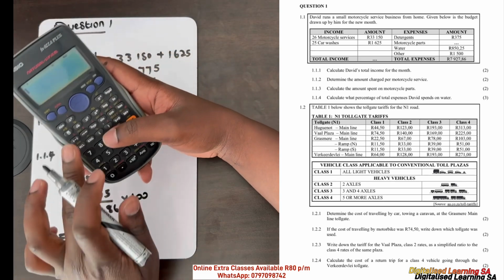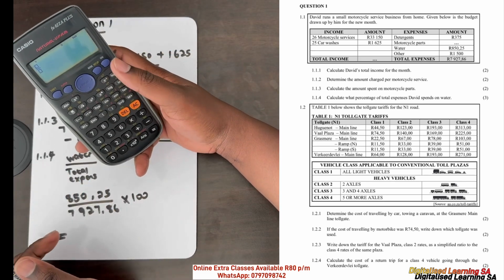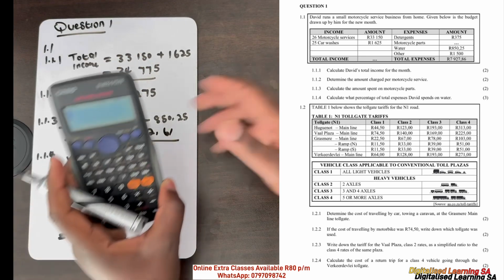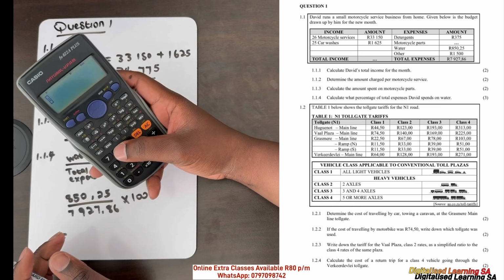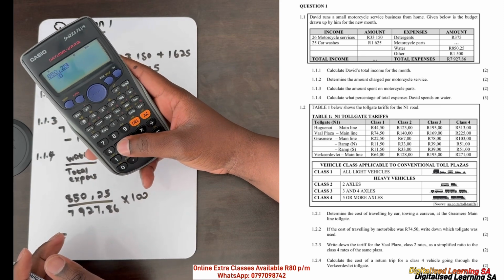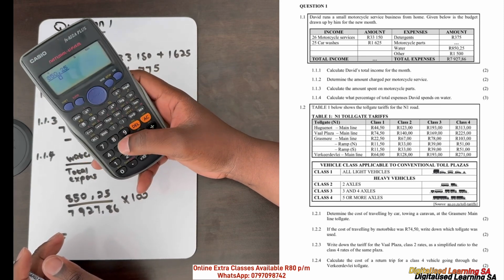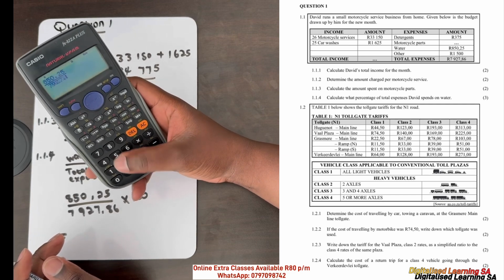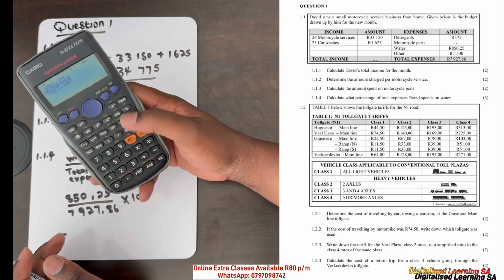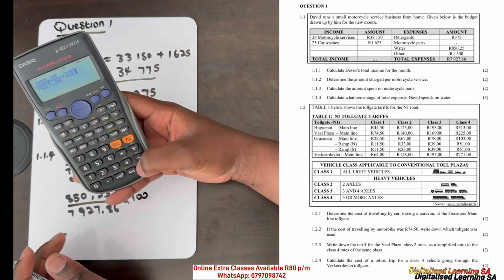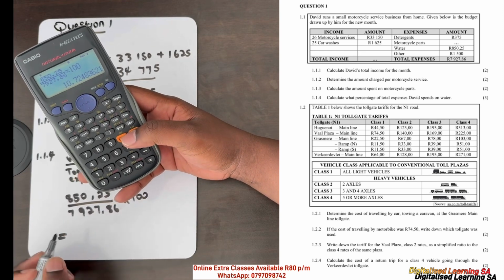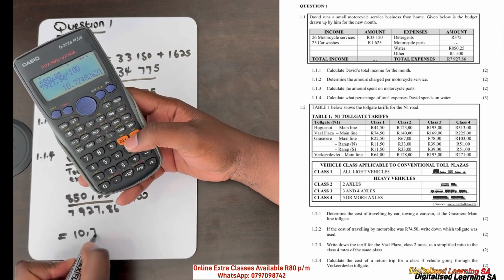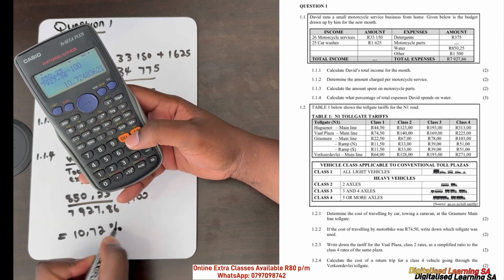Now we just plug this into our calculator to get our percentage. So 850.25 divided by 7,927.86 multiplied by 100, and our answer will be 10.72%.